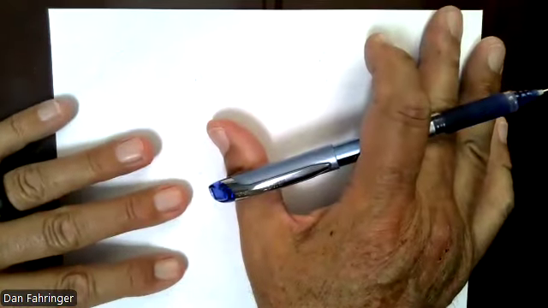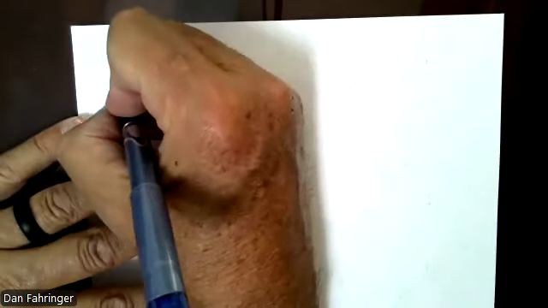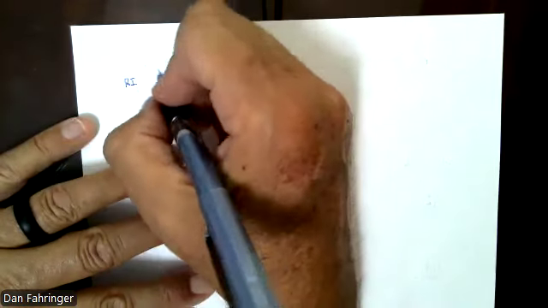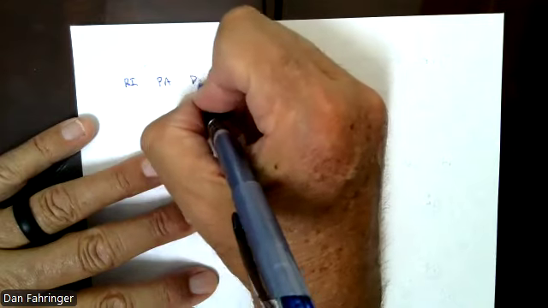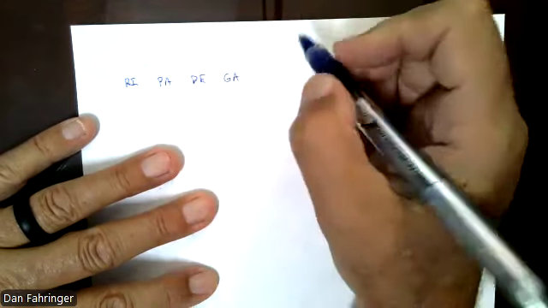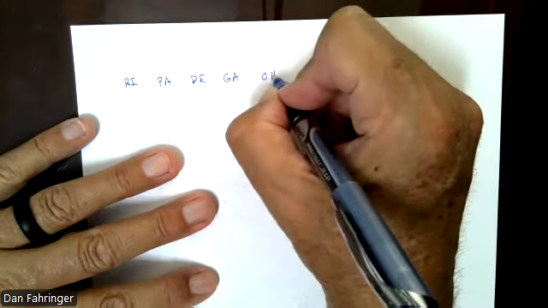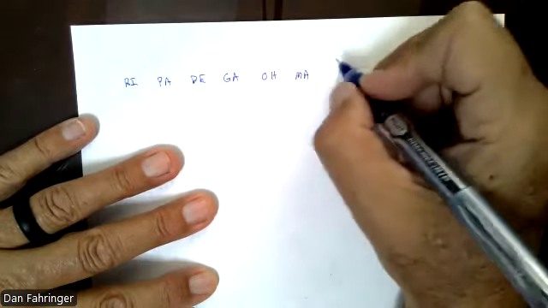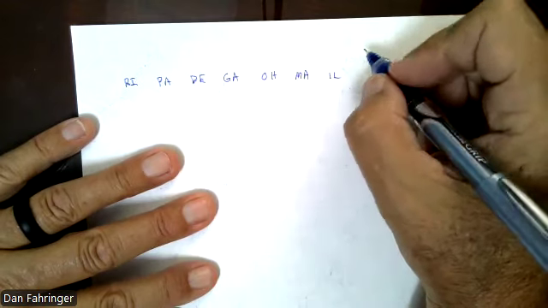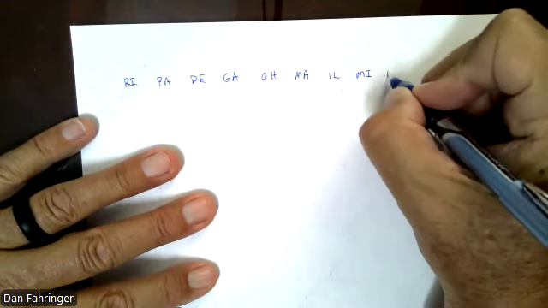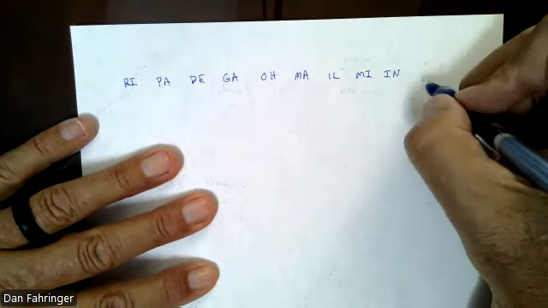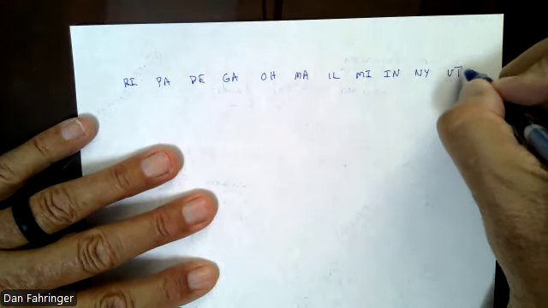All right. For those of you, Adelson-Velsky, tree balancing. For those of you that have the book, you'll know there's a big example in there, and it's going to use states. It's going to use Rhode Island, PA, Delaware, Georgia, Ohio, Massachusetts, Illinois, Michigan, Indiana, New York, Vermont.